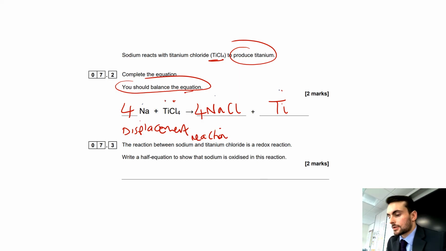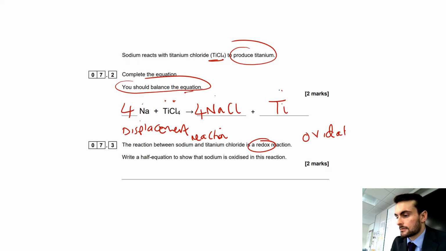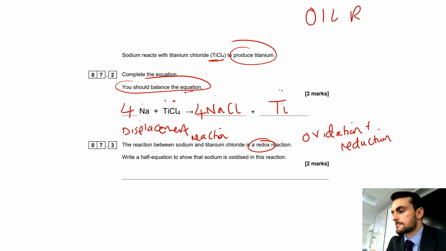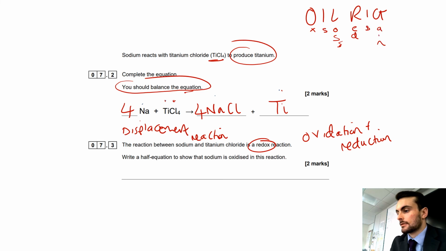The next question. The reaction between sodium and titanium chloride is a redox reaction. So that means we've got oxidation and reduction going at the same time. And if you remember the old phrase, OIL RIG, so oxidation is loss and reduction is gain of electrons.